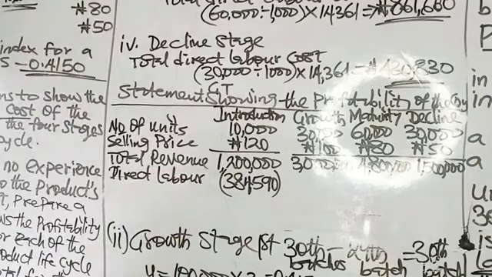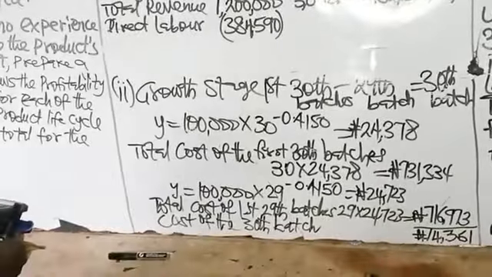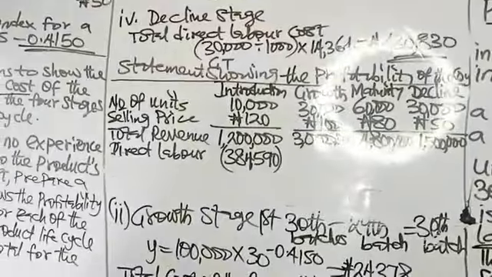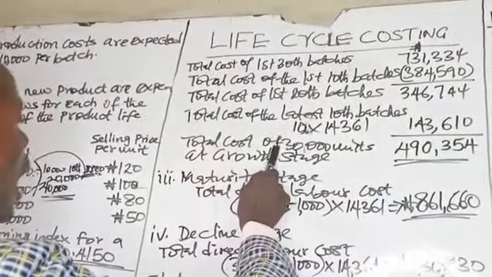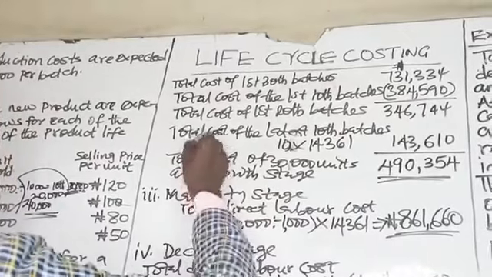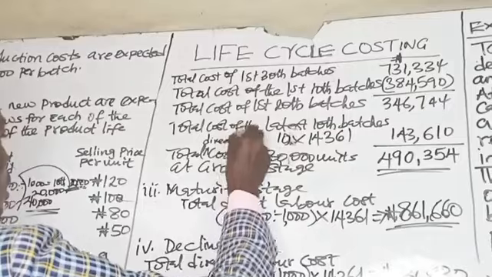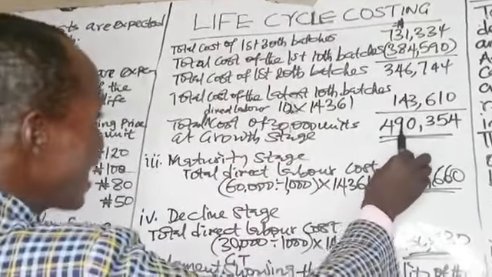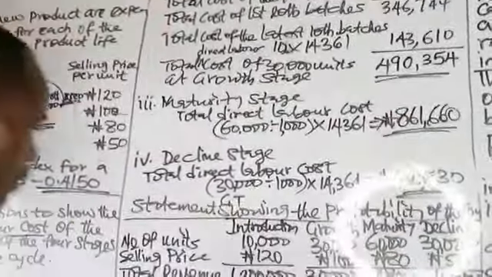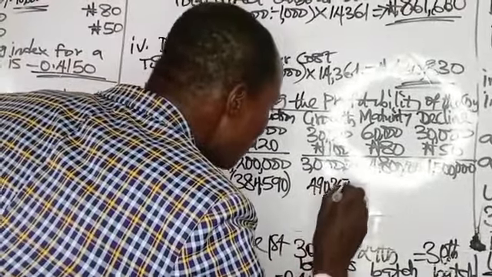At the second stage, stage number 2, this is total direct labor cost. Labor cost of 30,000 at the growth stage is 490,354.